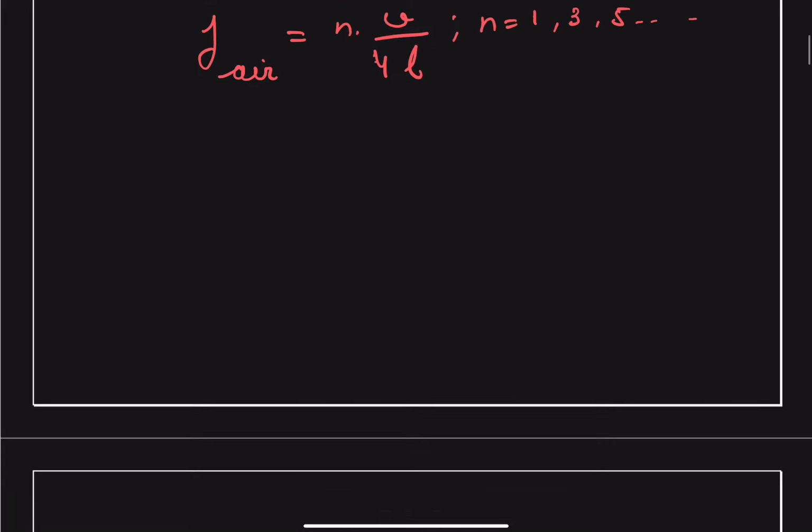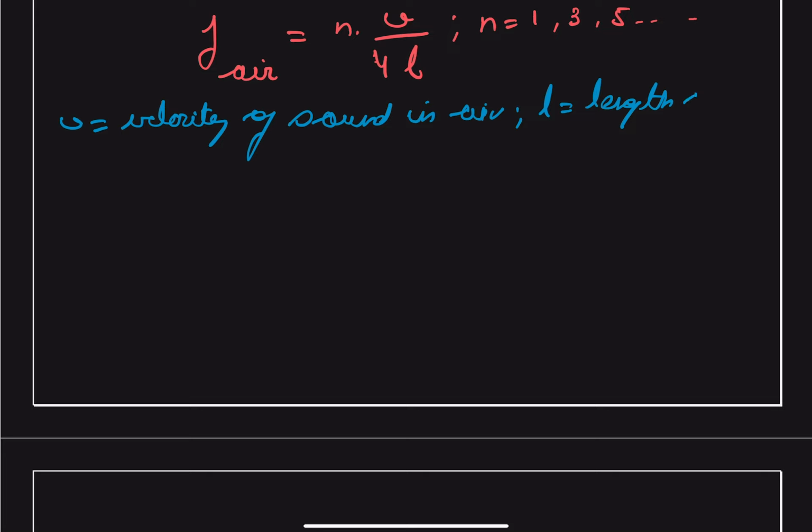V is the velocity of sound in air, and L is the length of the tube.